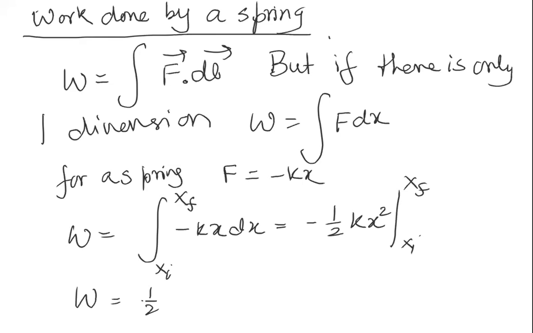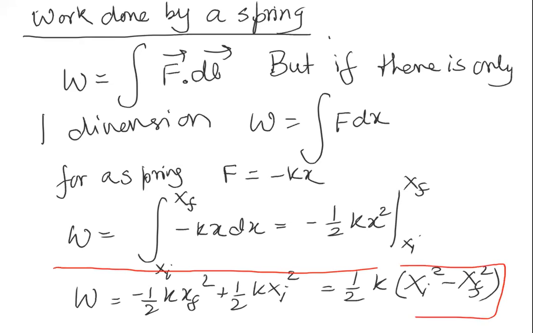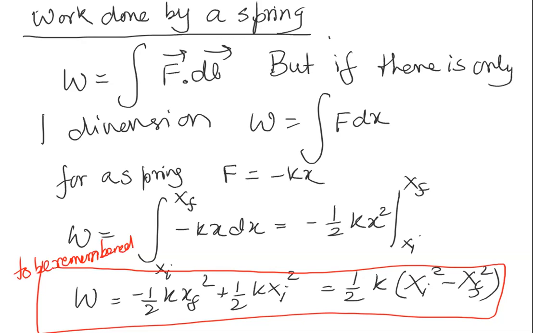Therefore, work done will be half k xi square minus half k xf square, which is equal to half k times (xi square minus xf square). Again, this is to be remembered.